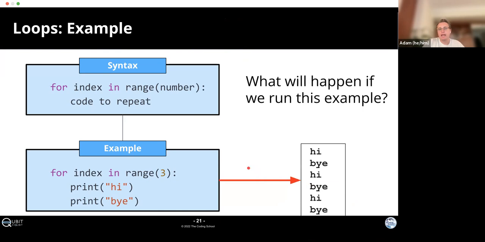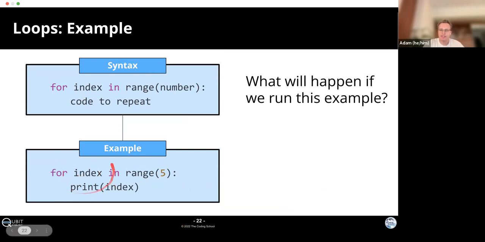So in fact, what will end up happening is 3 times over, we'll print hi and then bye. So hi, bye, hi, bye, hi, bye. So you can have multiple lines here, and that's an important point. You don't have to just put 1 line of code. You can have as many lines of code as you want. So long as they're indented, they will repeat this number of times.